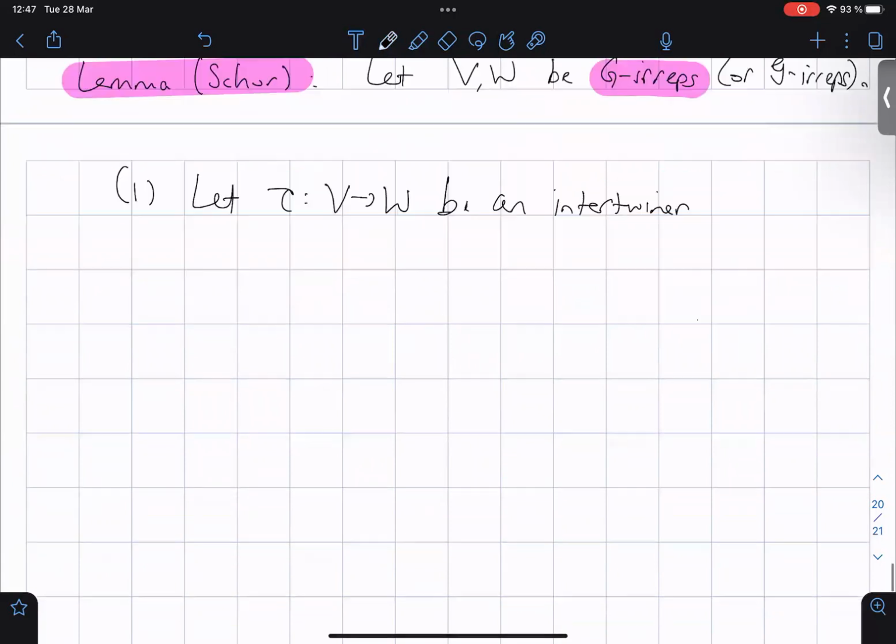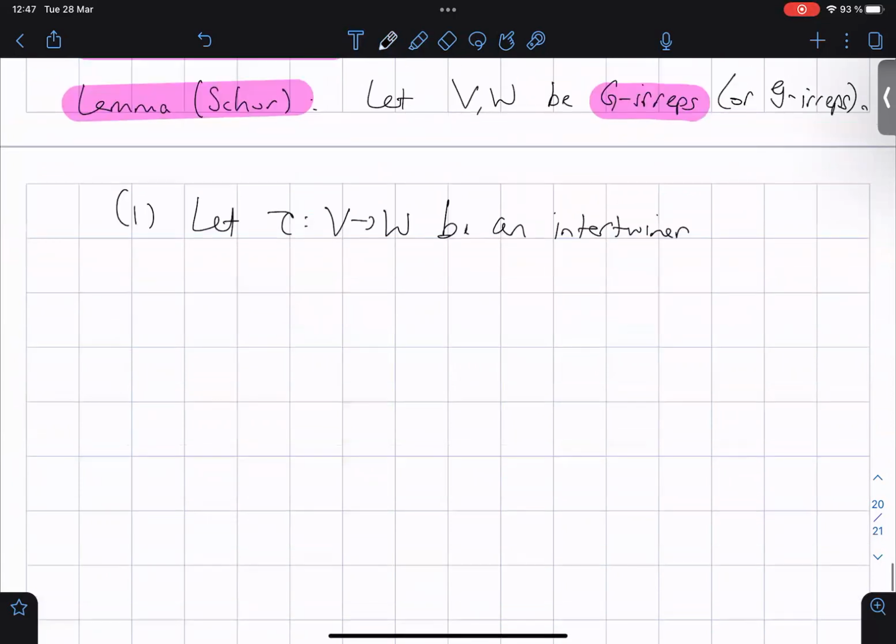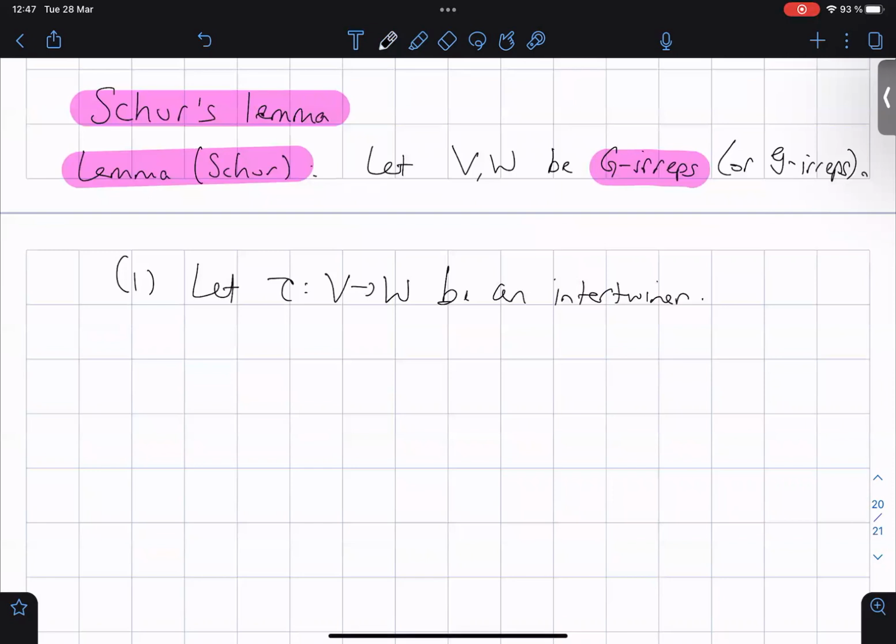These could be complicated, right? But the statement here is that there's only two possibilities, at least descriptively. Either tau is 0, or it's an isomorphism. You can't have anything in between.